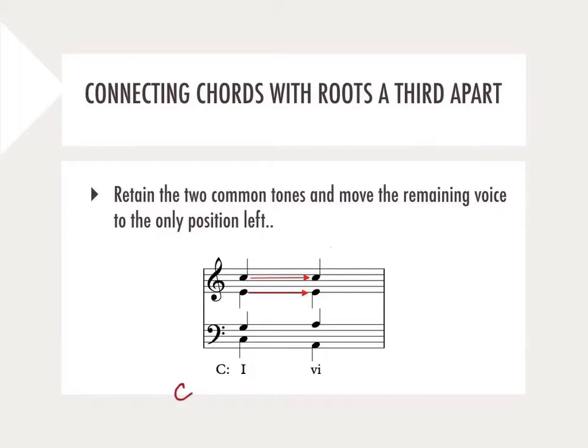So we have a C, E, G chord and an A, C, E. So the common tones are the C and the E, and the C and the E. The only other voice left is the G to the A. So, retain the two common tones and move the remaining voice to the only position left.